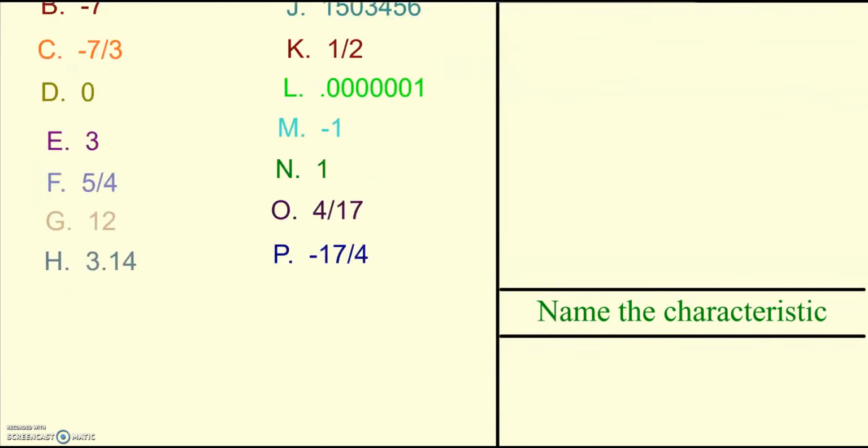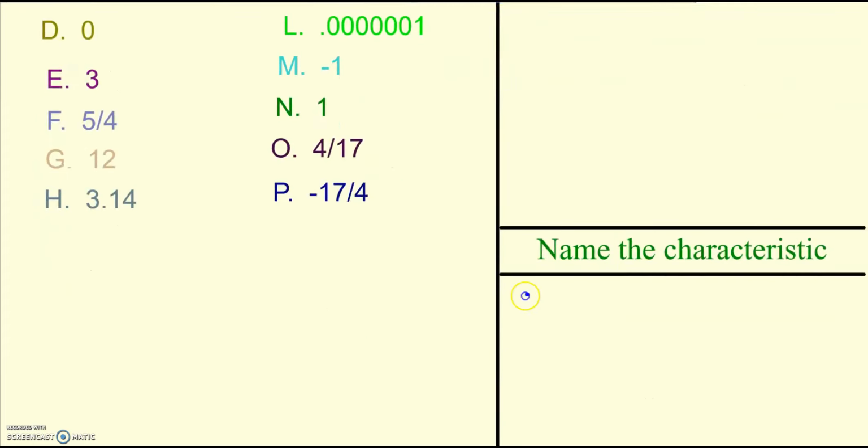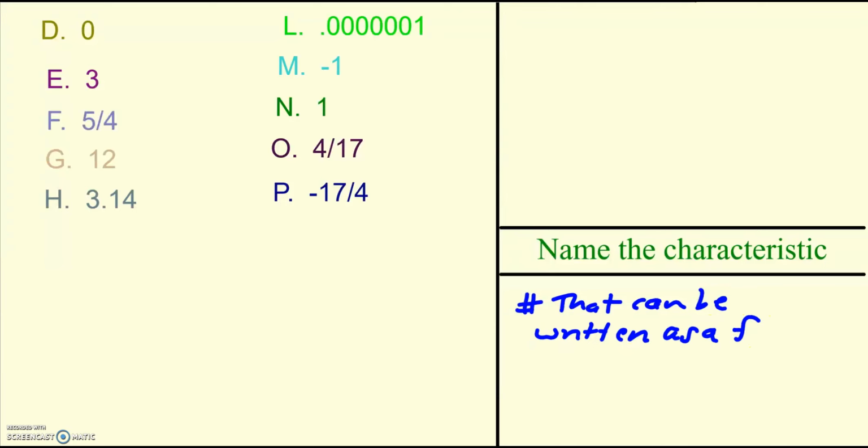And so if I wanted to define a rational number, it is a number that can be written as a fraction. And yes, just like the previous ones, it does include all the previous subsets.